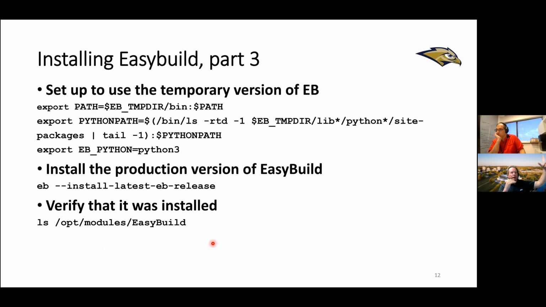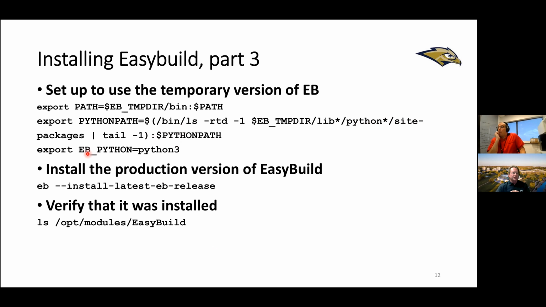So we've got the temporary version of easy build installed in that /temp. So now we go through these 5 commands here. We're going to set up an environment path to know about where EB is. We're going to export the Python path for that script to know where it is. And this is all one line. Sorry, I didn't put the backslash and continuation, but that's all one line.